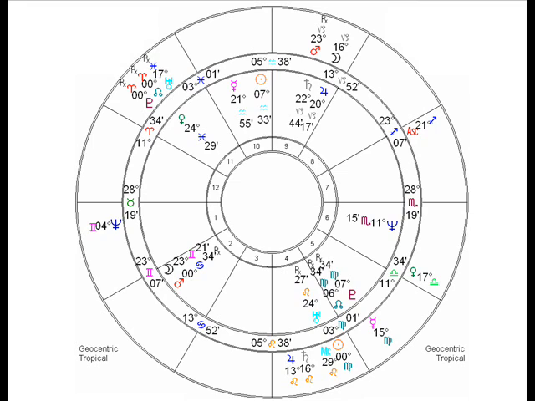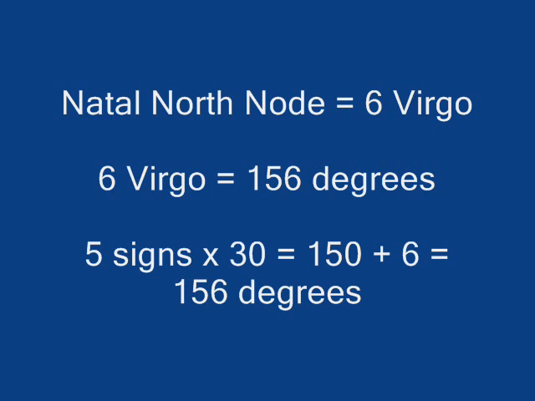Now, if we were to make this calculation manually, we would take the position of my natal north node located at 6 degrees Virgo, which is the equivalent of 156 degrees.